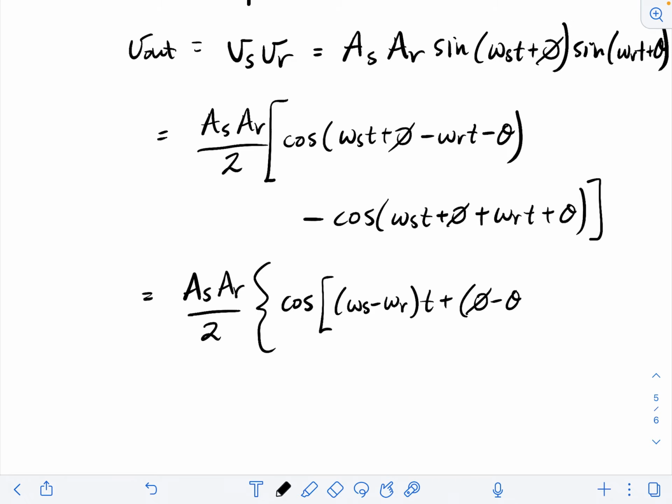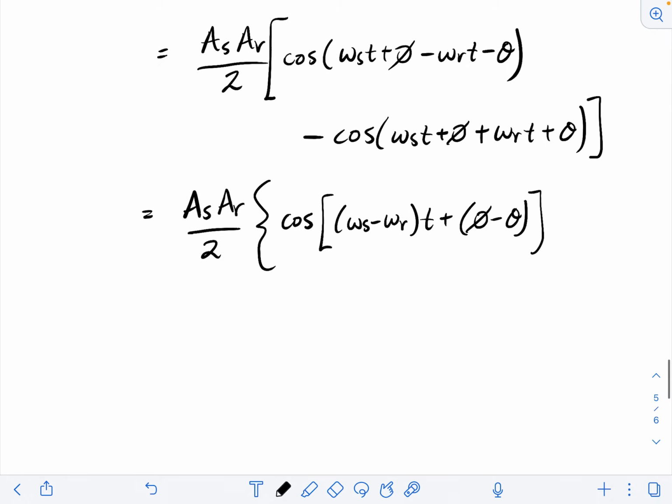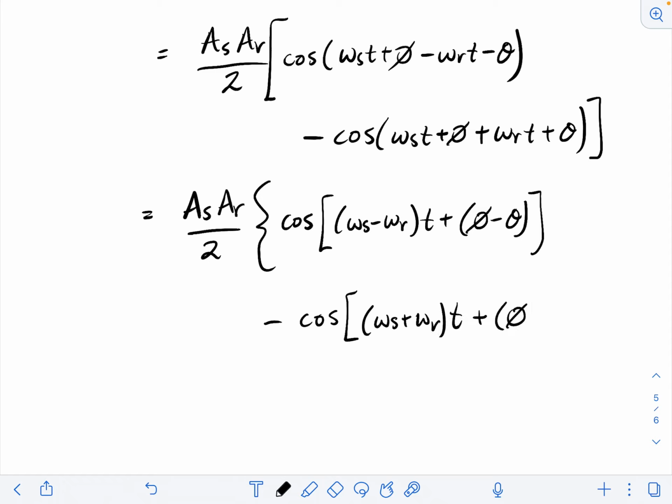And then the second term is minus cos, and that one has the sum of the frequencies and phases. So cos of omega s plus omega r times t plus phi plus theta.